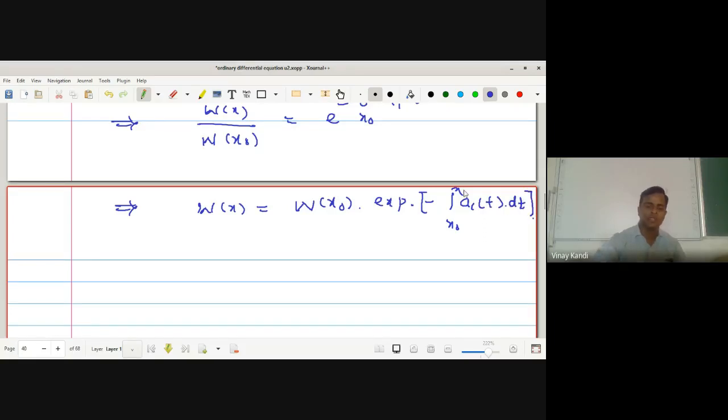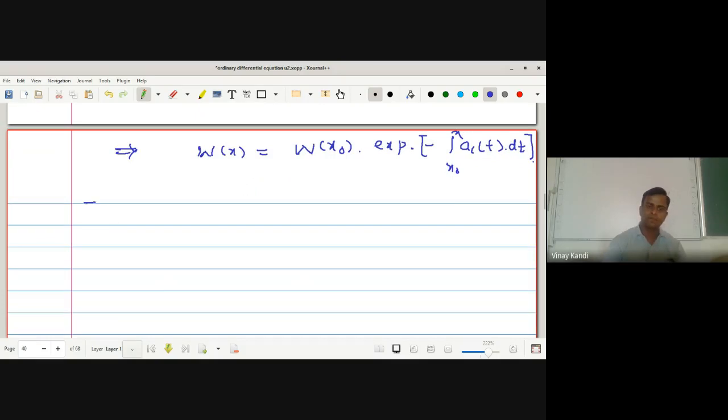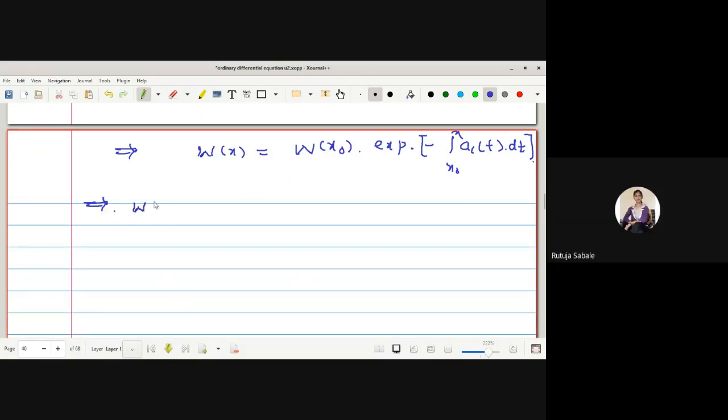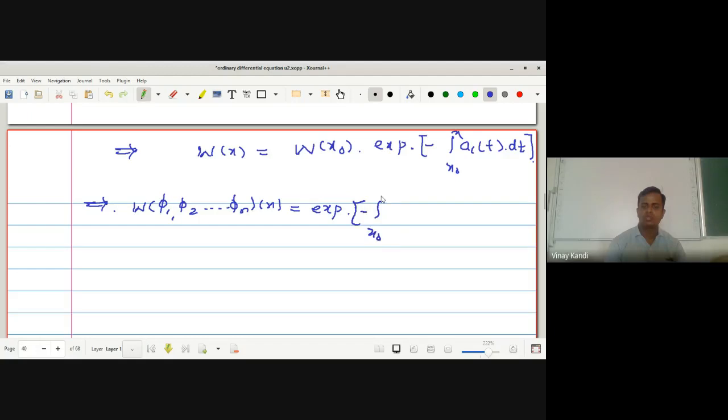Okay, any doubt? What is W of x? Wronskian of phi 1, phi 2 up to phi n at point x is equal to exponential of minus integral x naught to x a1 of t dt into Wronskian at point x naught.